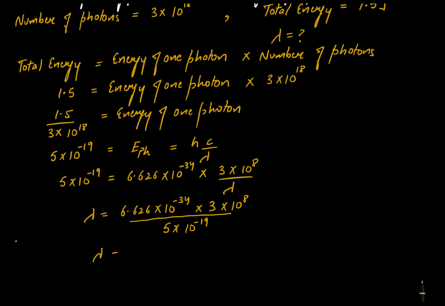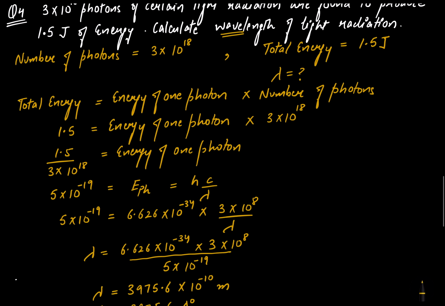So the wavelength comes out to be 3975.6 into 10 to the power minus 10 meters. Or you can simply evaluate to the angstrom. So it comes out to be 3975.6 angstroms.